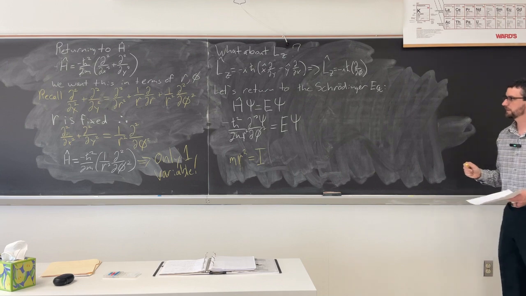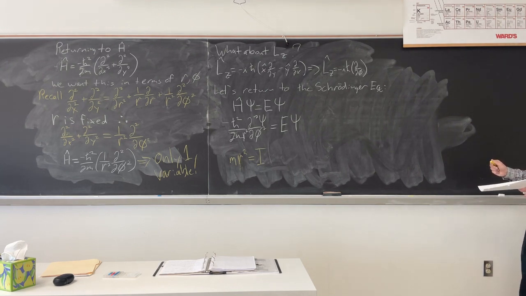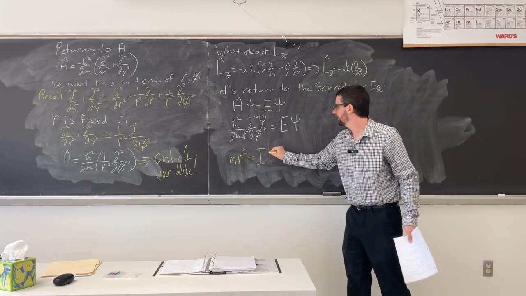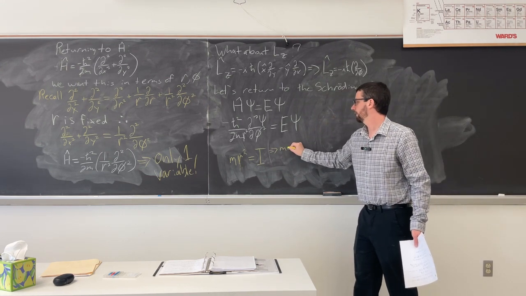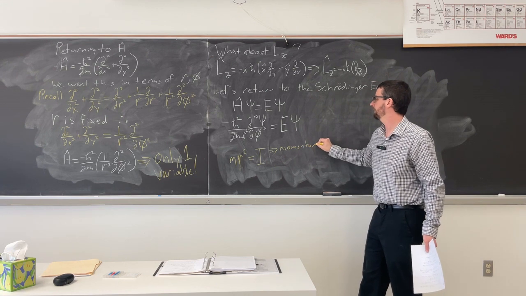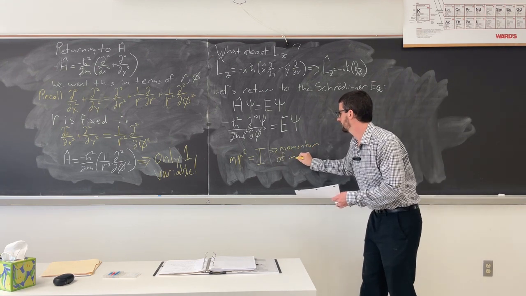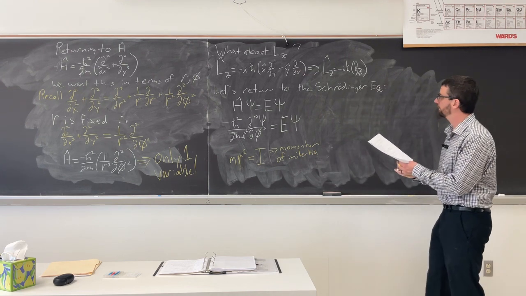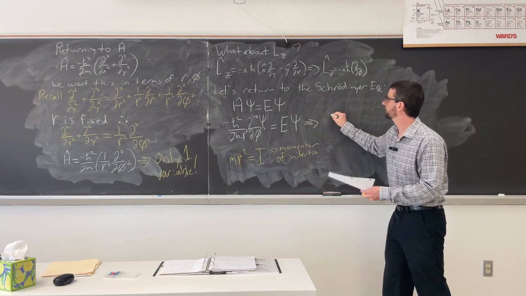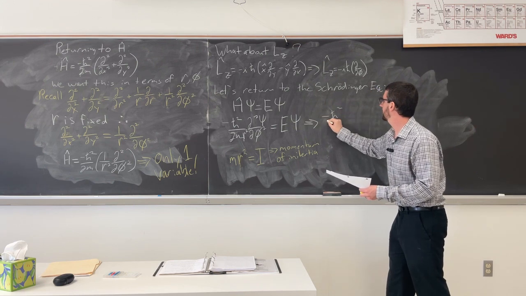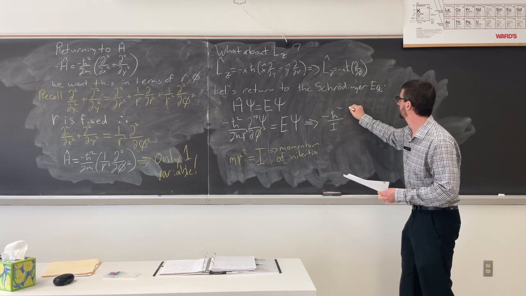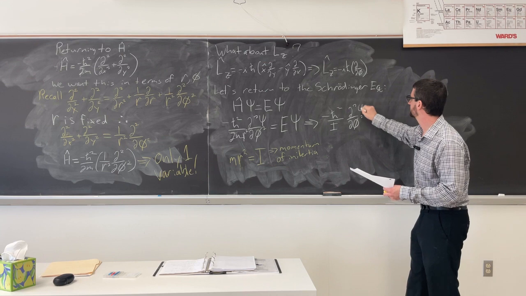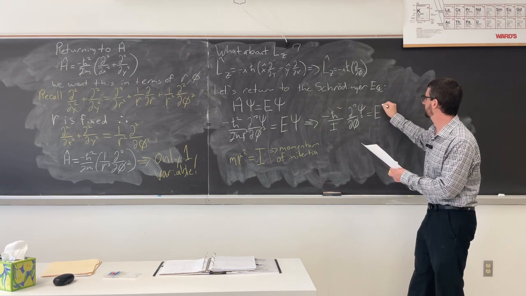From physics, you have the mass times the radius squared. That gets you I. You remember what I was? Moment of inertia. Yep. So you could simplify this a bit further. h bar squared over I, psi is equal to E psi.